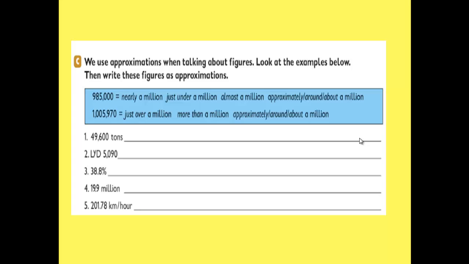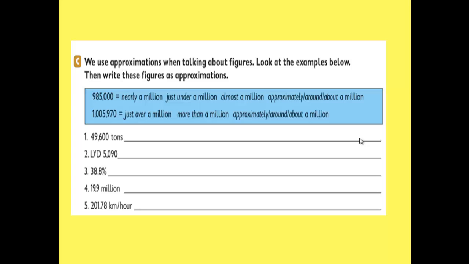Approximations mean the near number, the number which is similar to the first one, like here in this example, 985,000: nearly a million, just under a million, almost a million, or approximately, around, about a million.